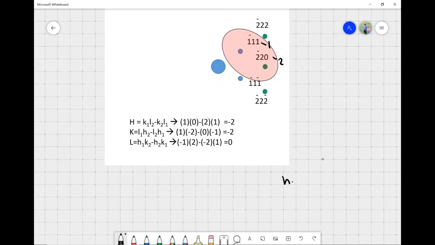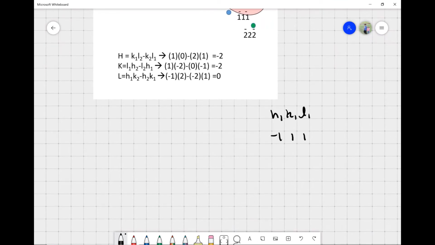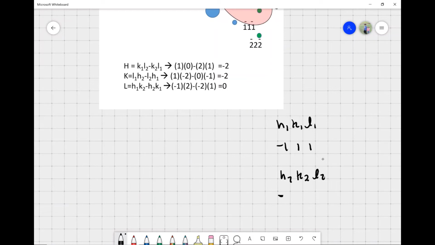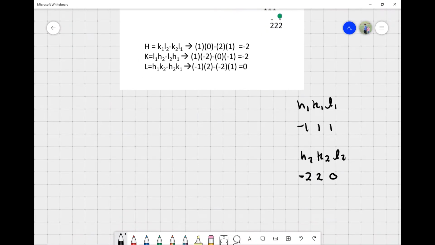So H1, K1, L1 is negative 1, 1, 1, and H2, K2, L2, I said negative 2, 2, 0. And then you just plug and chug. I'm trying to make this a little more clear than just the PowerPoint slide. I feel weird rewriting everything, but I'll quasi do it.